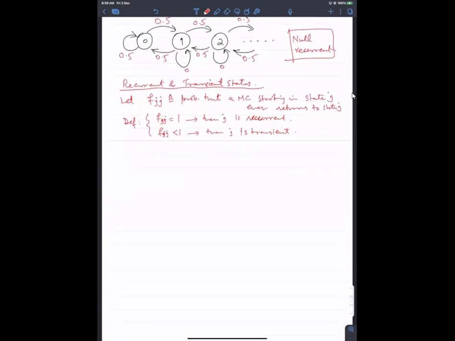So with probability 1, 100% chance है किस चीज का, कि number of visits to a recurrent state is infinite.